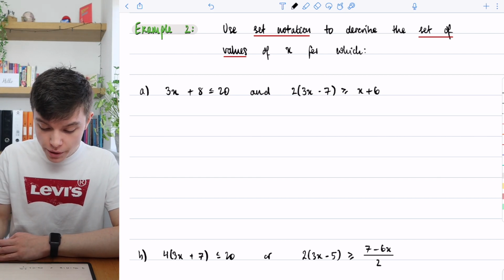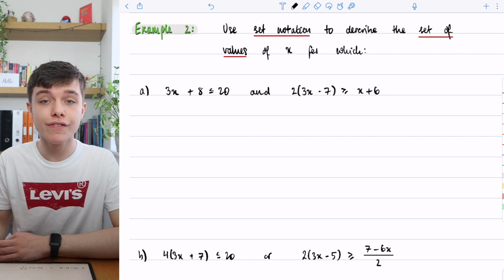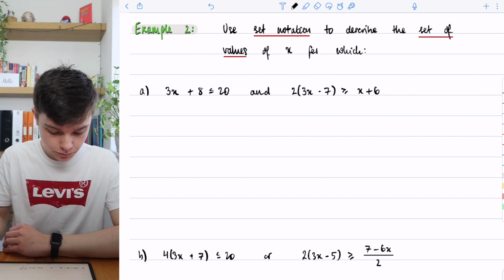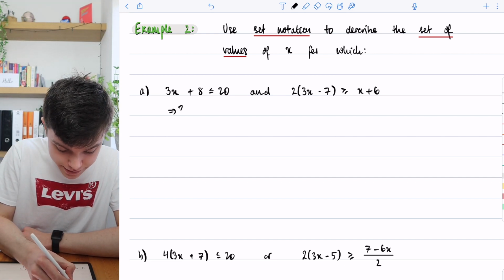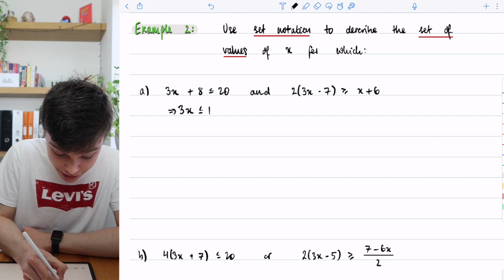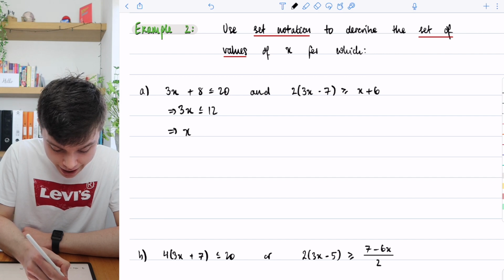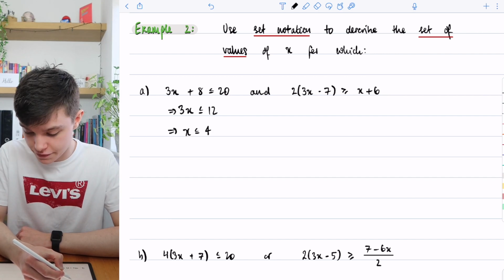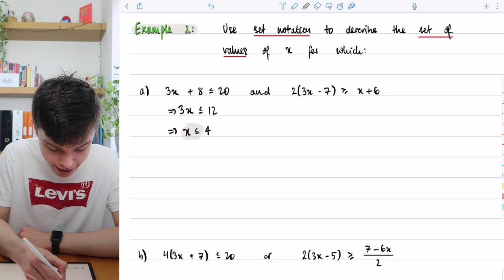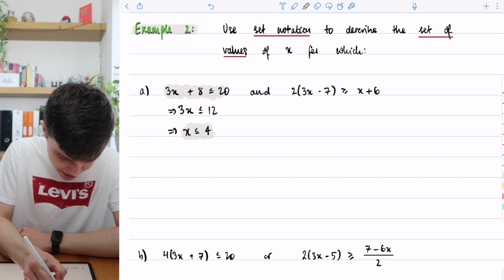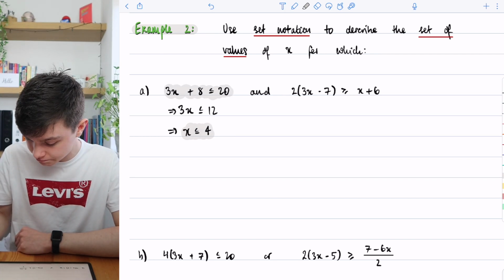So, all we want to do, the method really, is to solve both inequalities. So we can do that quite quickly. We can say 3x here will be less than or equal to 12 by minusing 8 from both sides, and then dividing by 3, x will be less than or equal to 4. So I'm going to highlight that in grey because that solves this inequality here.